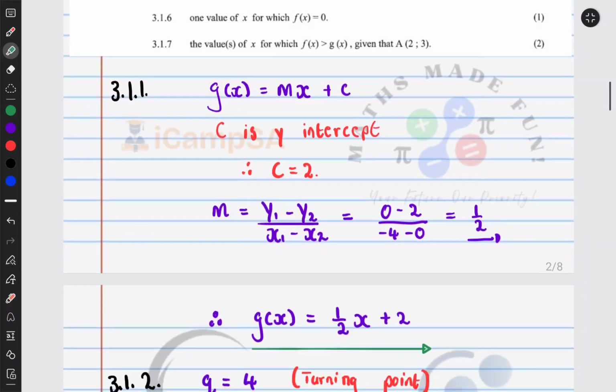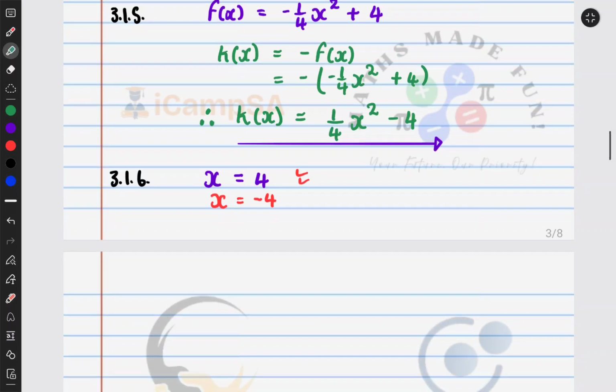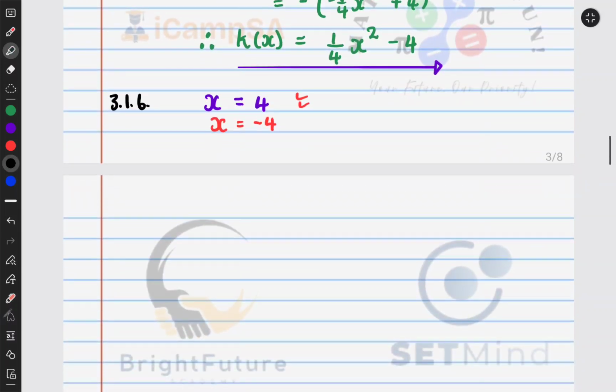We have to now write that, because we're only looking for the values greater than, not greater than or equal. So this is 3.1.7.